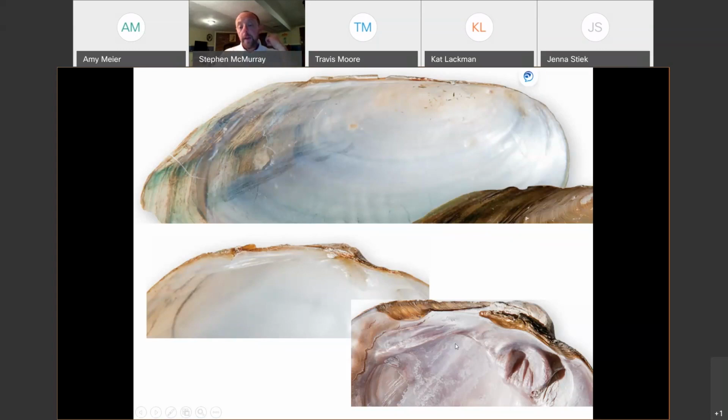And this is a purple warty back. The outside of the shell is covered with pustules and pimples, and it's a very flat shell. But this is one that always has this dark royal purple coloration. Never seen it with anything else.